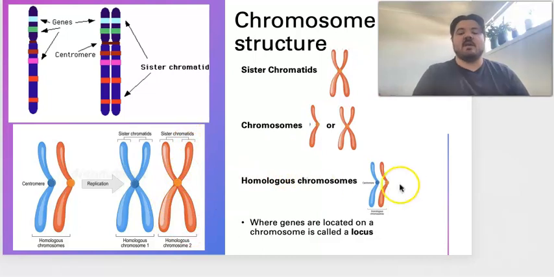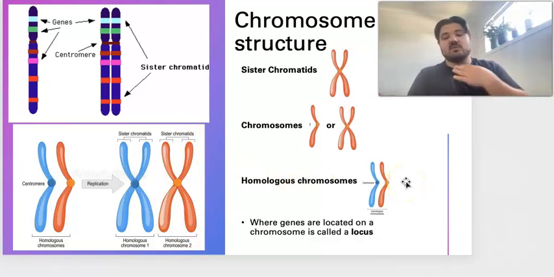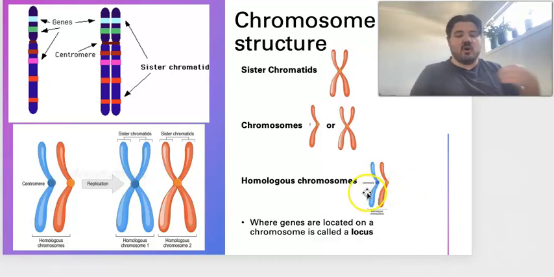Now, what happens in our cells that aren't dividing, just functioning as per normal, our cells will have homologous chromosomes, and that's where we have one copy of paternal and one copy of maternal of the same chromosome, right? So for instance, on this chromosome here, let's call it chromosome number 1 from the dad, would be eye color, right?